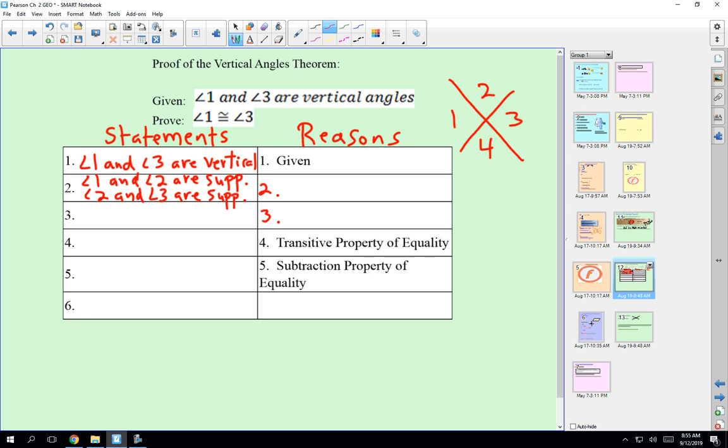And the reason is that angles that form a linear pair are always supplementary. So angles that form a linear pair are supplementary.